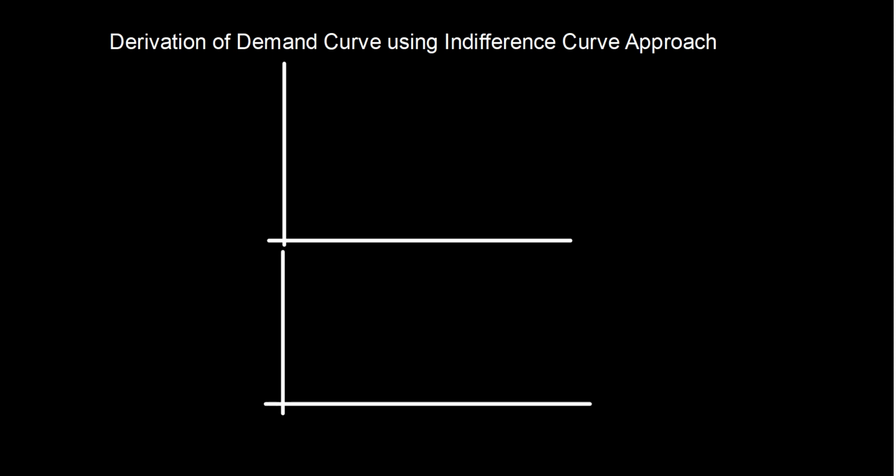The lower panel shows quantity demanded on the X-axis and price on the Y-axis, and this is the origin point. The upper panel shows X good, that is any product, and right now we are considering a normal good.